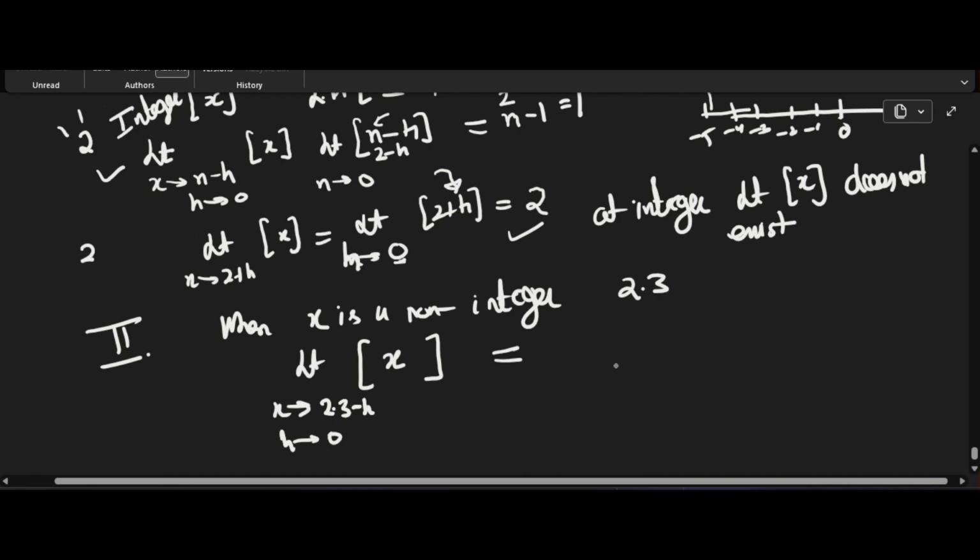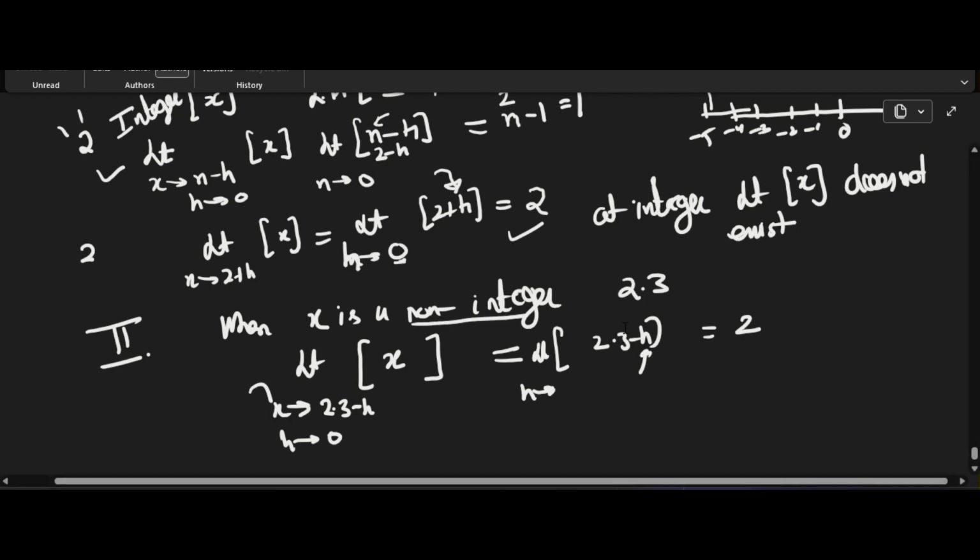The answer comes out to be an integer, 2.3 minus h as h tends to 0. Since h is very small, this will become 2. So the left hand limit for x being a non-integer is coming out to be 2.